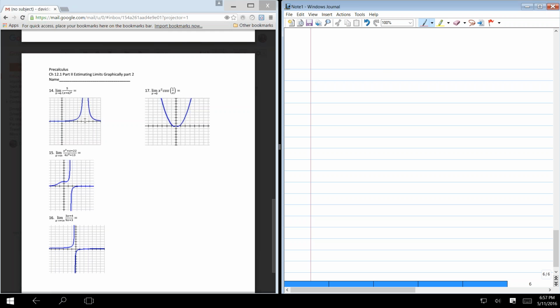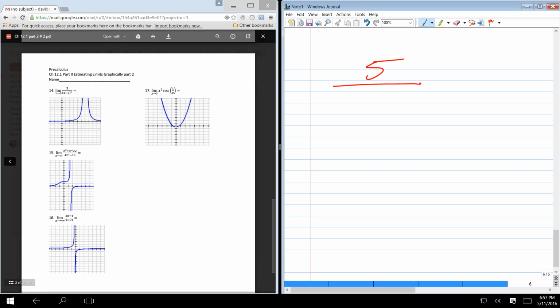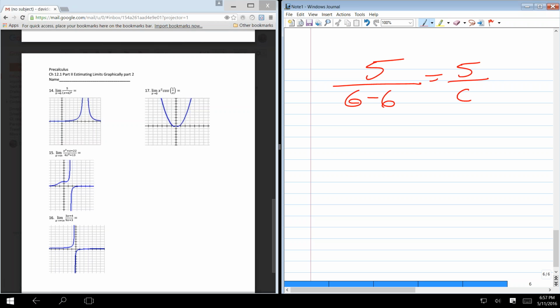And notice what happens. As I'm approaching 6, I've got 5 divided by 6 minus 6. That's the same as 5 over 0. Well, that's infinity. The one thing you cannot do in mathematics is divide by 0, but the truth of the matter is that when you divide a number by 0, you get an infinite answer.